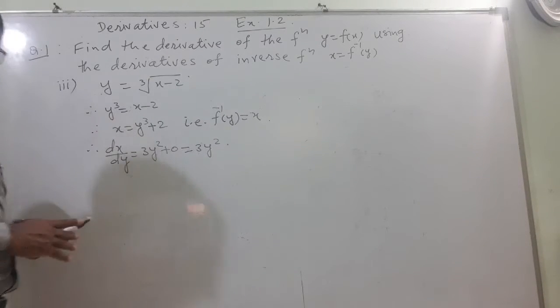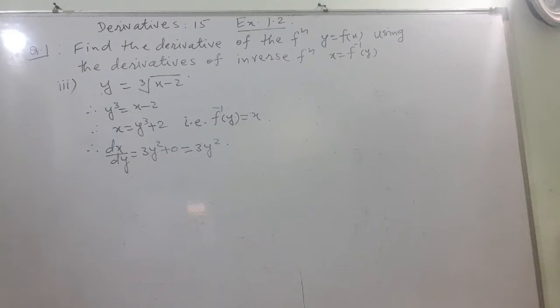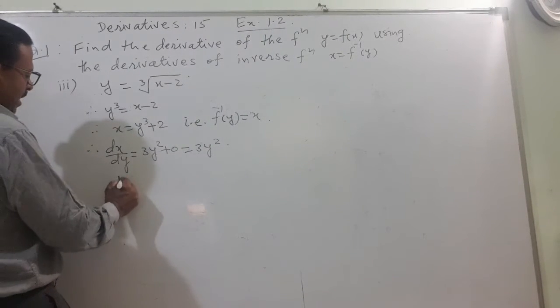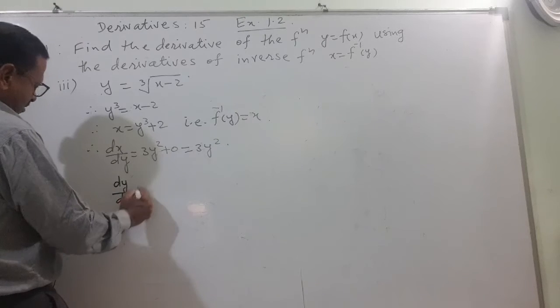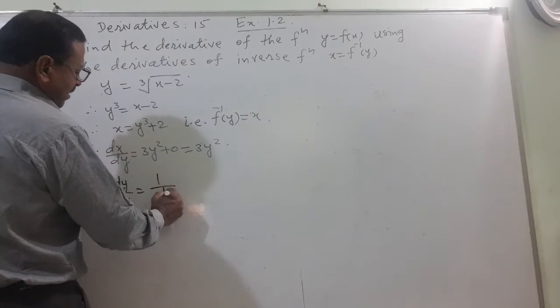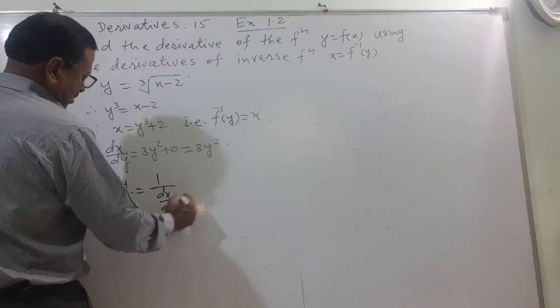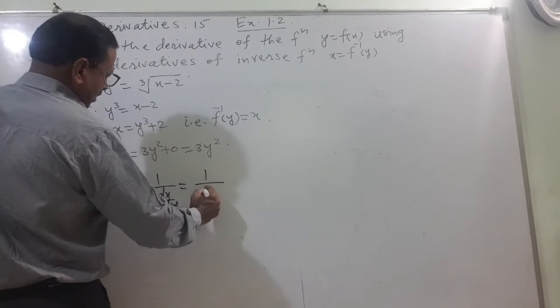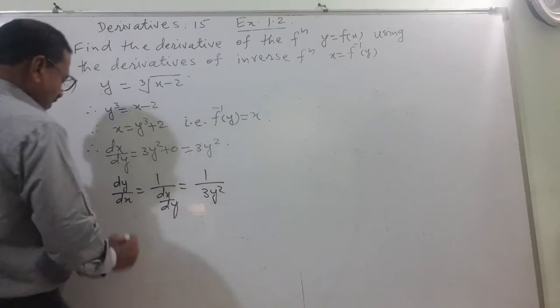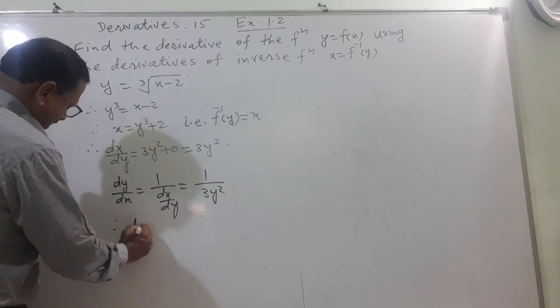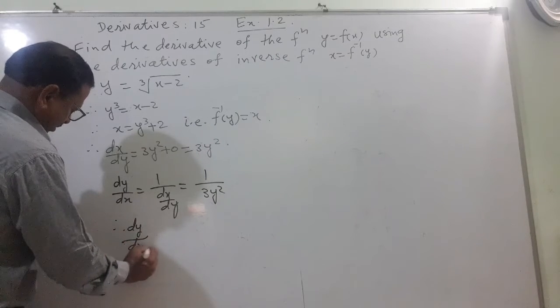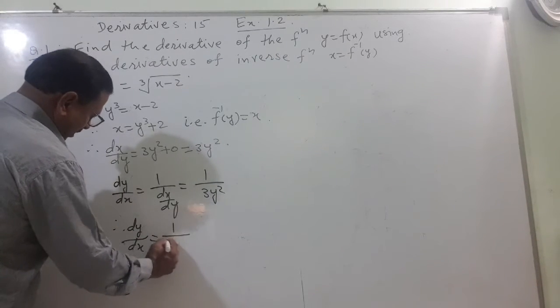So dy by dx is equal to 1 upon dx by dy. So that is equal to 1 upon 3y square.